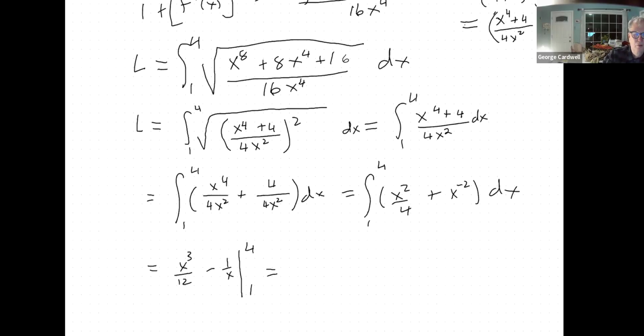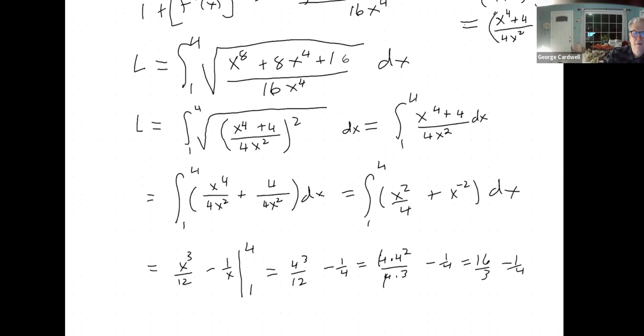So if we plug in 4, we get 4 cubed over 12 minus 1/4. We can think of 4 cubed as 4 times 4 squared. You could think of 12 as 4 times 3 minus 1/4, and then lo and behold, they cancel. So this becomes 4 squared, 16 over 3 minus 1/4.